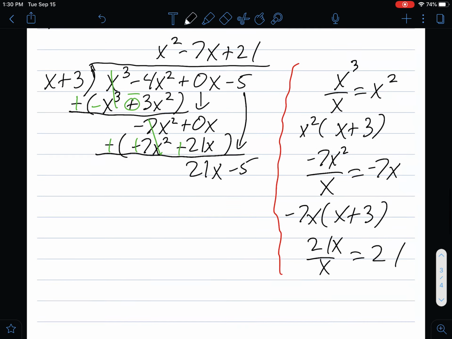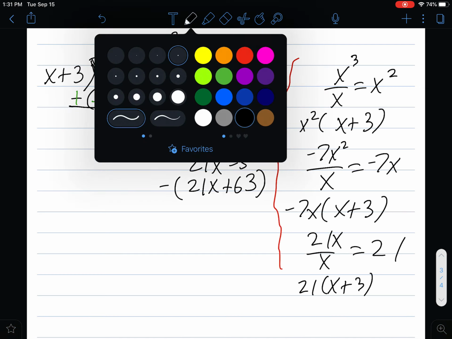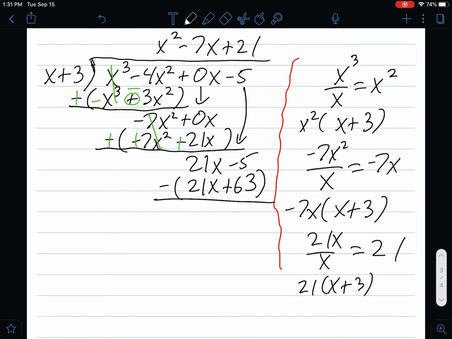So now we can distribute 21 times x plus 3, which becomes 21x plus 63. Subtraction once again. Let's change all these signs here. Minus becomes plus, positive, negative.